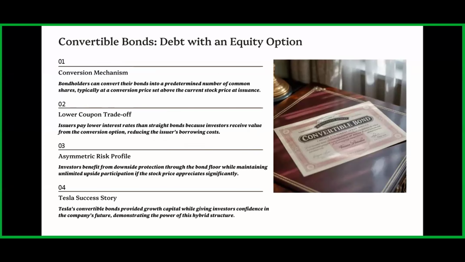In the convertible mechanism, the bondholders can convert their bonds into a predetermined number of common shares, typically at a conversion price set above the current stock price. That means at the start of the bond they decide the price or the number of shares for that principal amount or face value.